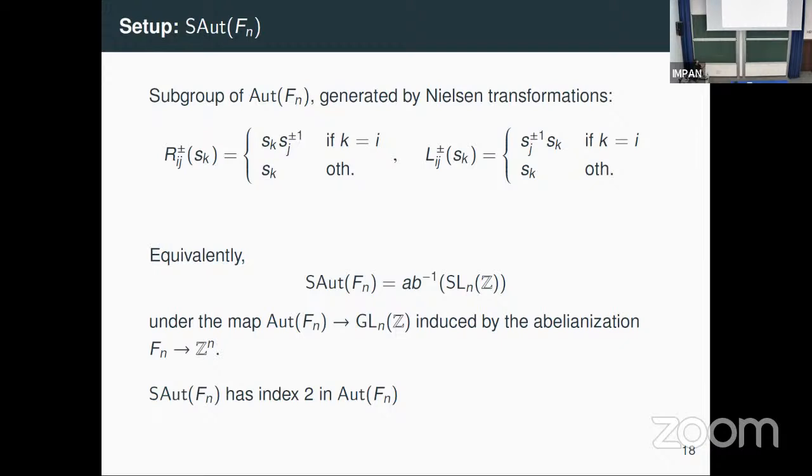The subgroup I'm looking at is the pre-image of SLn(Z) under this map. What's important is that this subgroup has index 2 in Aut(Fn). And as I said, property T passes to finite index subgroups. So we can just as well work with this, and we'll get property T for Aut(Fn).